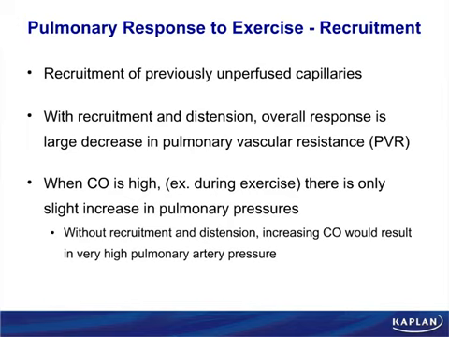So, very beneficial: recruitment and distension reduce pulmonary vascular resistance. So pulmonary artery pressure doesn't go up as much as one would predict when we have a high cardiac output state. And again, exercise, the classic example of a high cardiac output state.